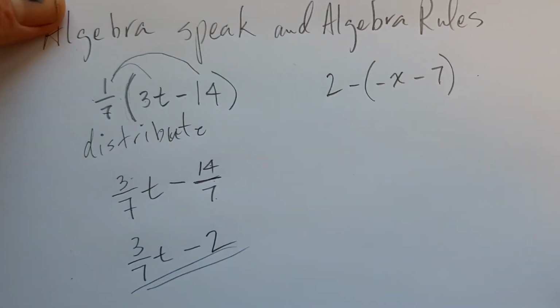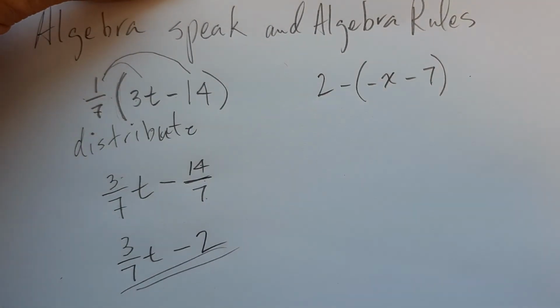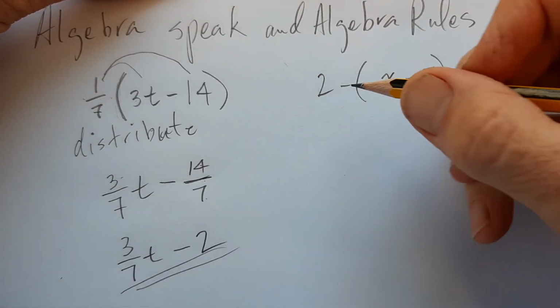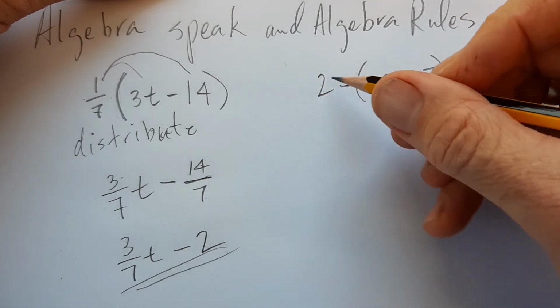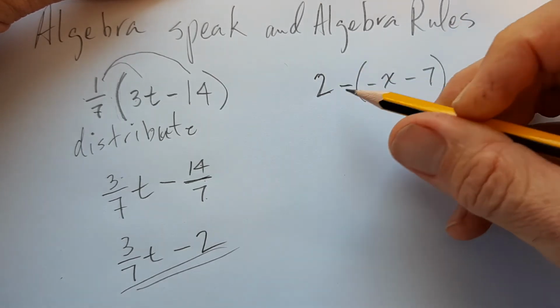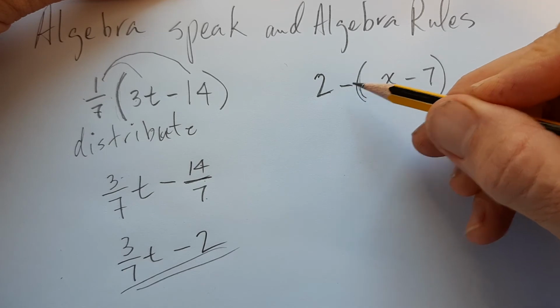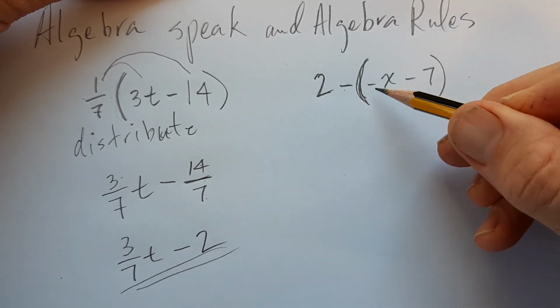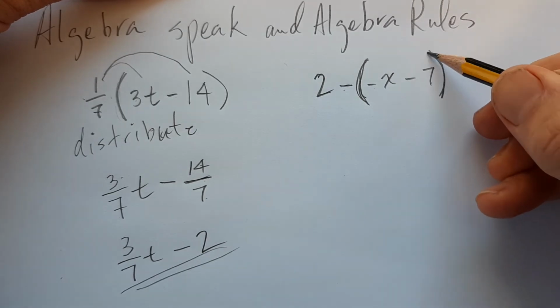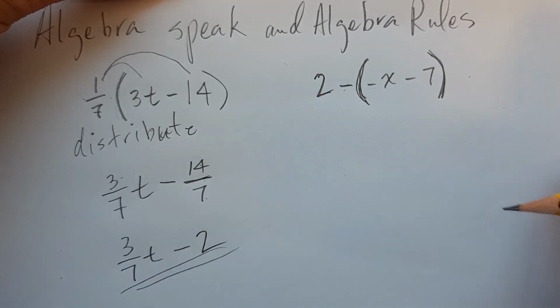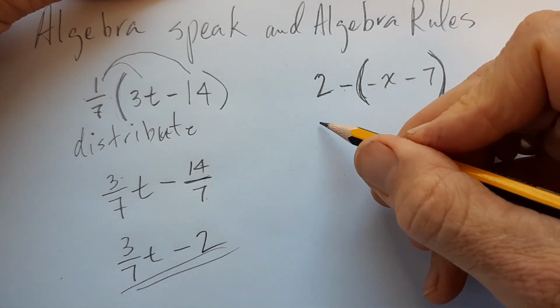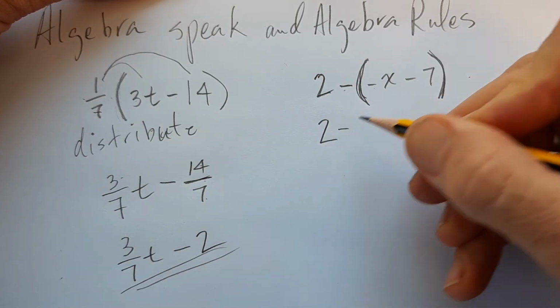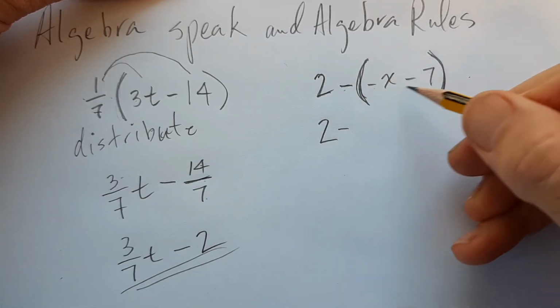Now, here's one that I've seen some people have trouble with. There, I have a term that's by itself. This 2 is separated from this bracket by a minus sign. This is 2 minus the quantity negative x minus 7. Okay, so this is the same as 2 minus, if you need to write something in there, it's minus 1 of these.